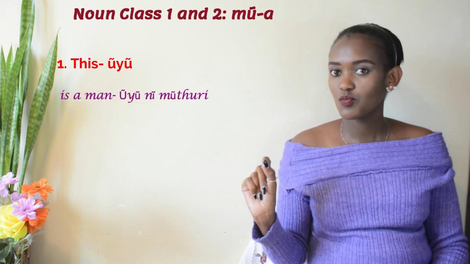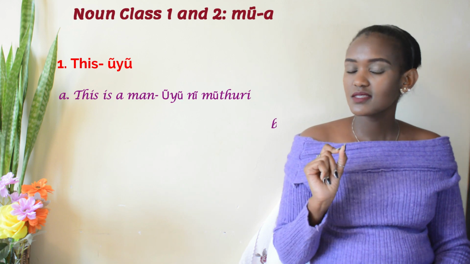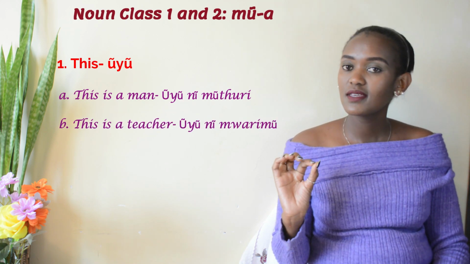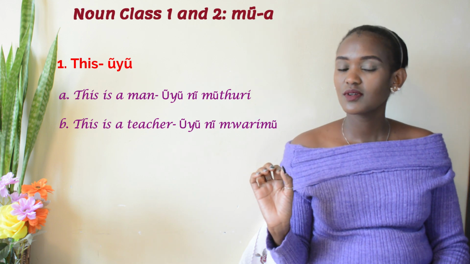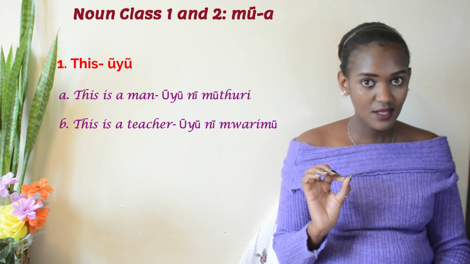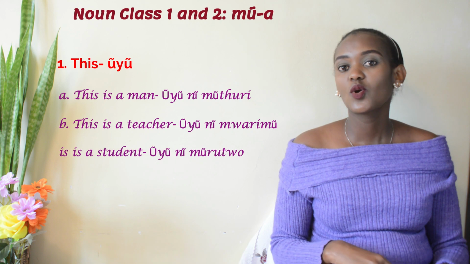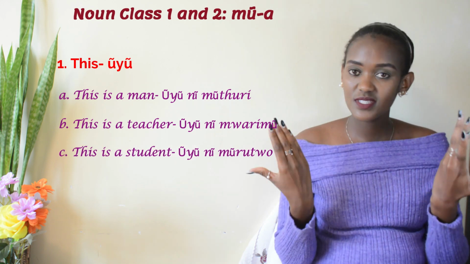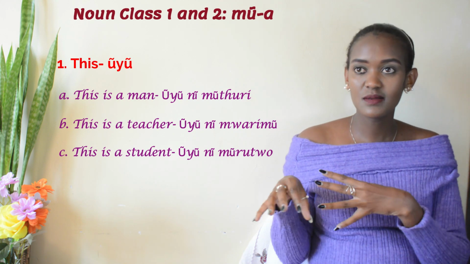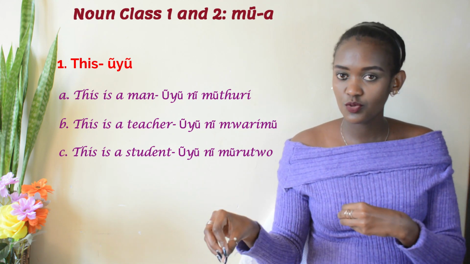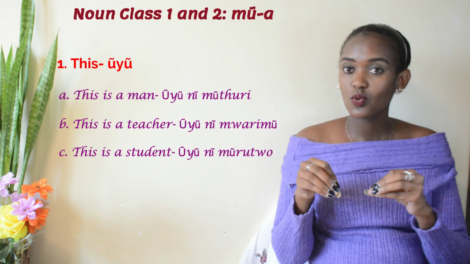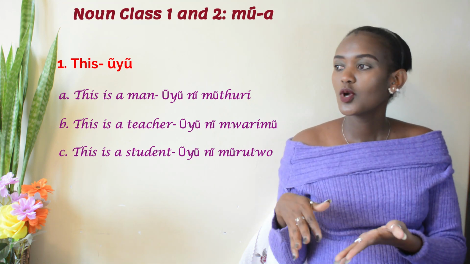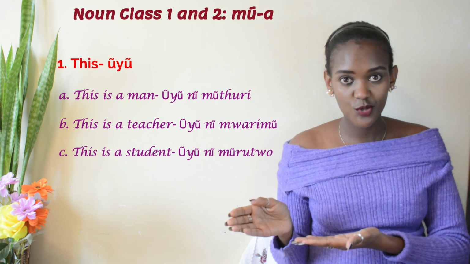Oyo ne moduri. This is a teacher. Oyo ne mwarimu. This is a student. Oyo ne morutuo. So if you see a man and you want to say this man, you say moduri oyo. Muiretu oyo. Mwanake oyo. Modo oyo.